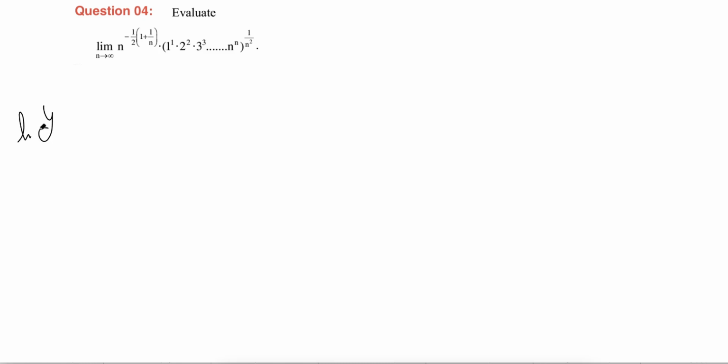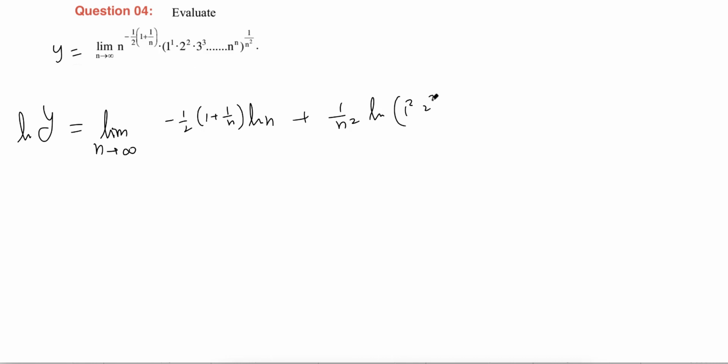So ln y, assume this is equal to y, and ln y equal to, watch, limit n tending to infinity, ln of this, minus 1 by 2, 1 plus 1 by n, ln n plus, this is the a, this is the b, so ln a plus ln b. So this will become 1 by n square, ln of this 1 power 1, 2 power 2, 3 power 3, n power n.